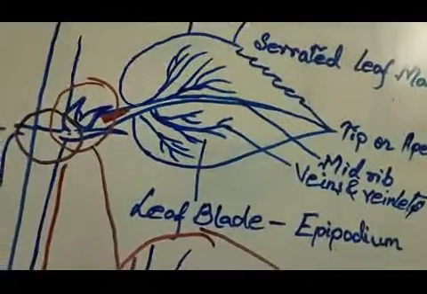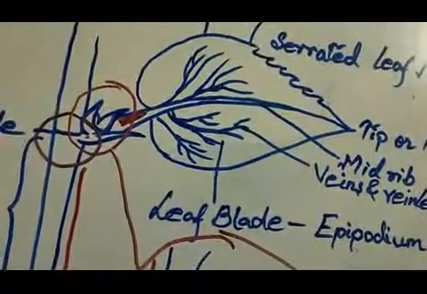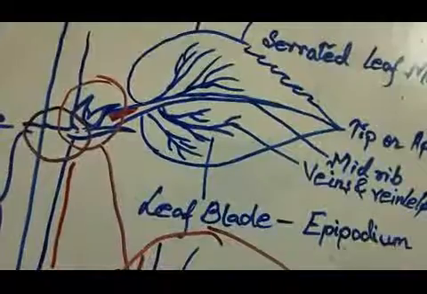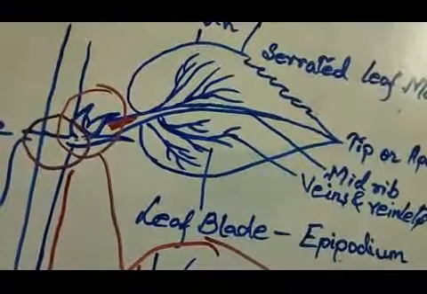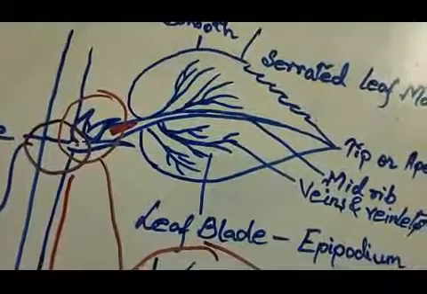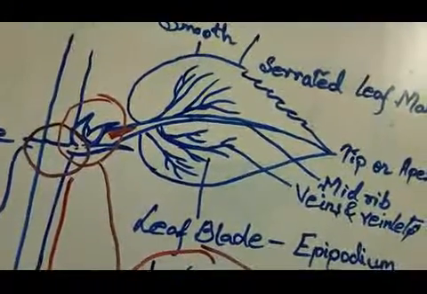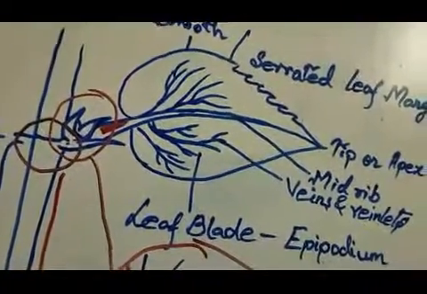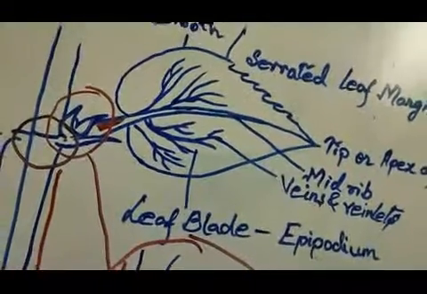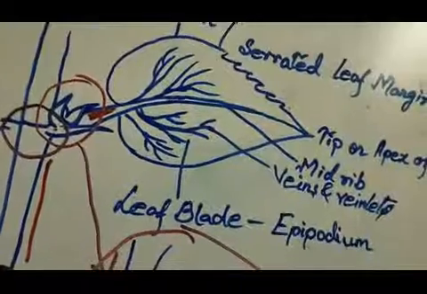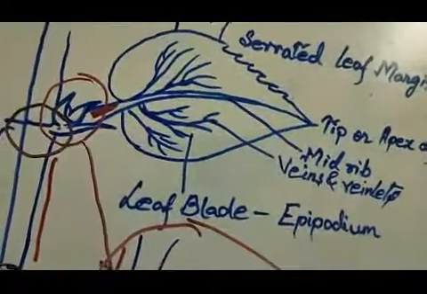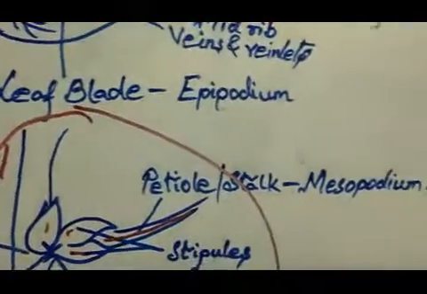In some plants, the leaves do not have a petiole or stalk and directly arise from the leaf base. The leaves which do not have a petiole are called sessile or epetiolate leaves. The technical term for petiole is mesopodium.